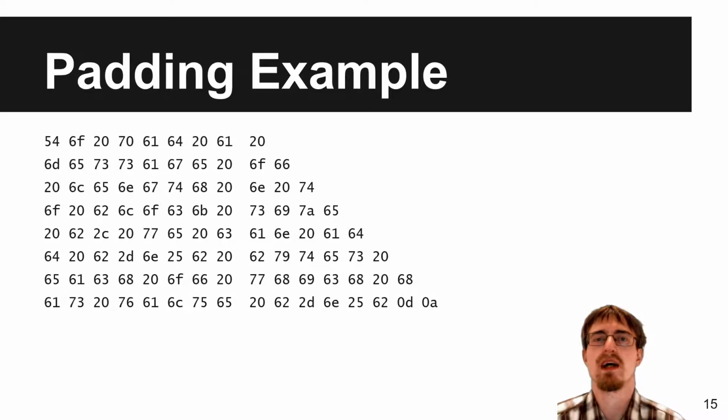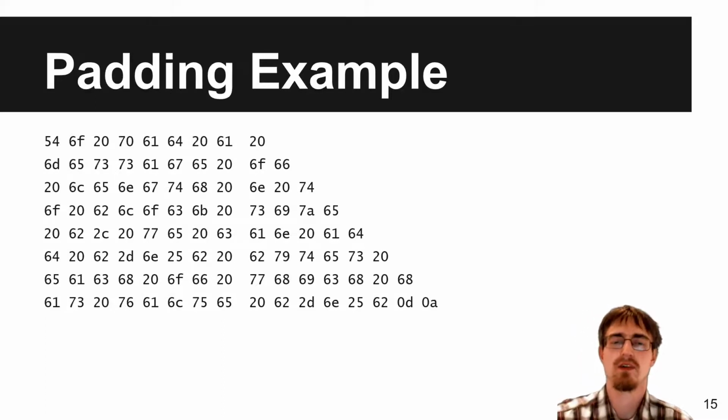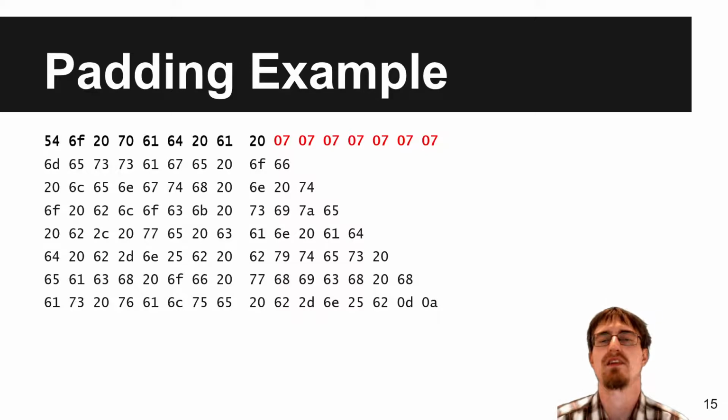Now to give some example, take the data we have here. So we have 8 messages on this slide and we want to pad the messages to a multiple of the block length. So looking at the first message, it's 9 bytes long. We can see that the block size is 8 bytes. So how much padding do we need? We need 7 bytes. Now the padding value is 7 and we added 7 times to pad the message to the right length.